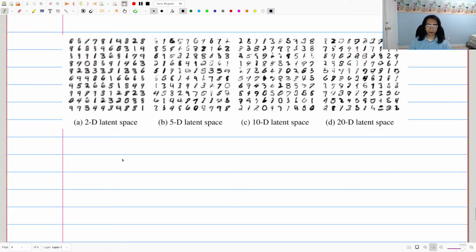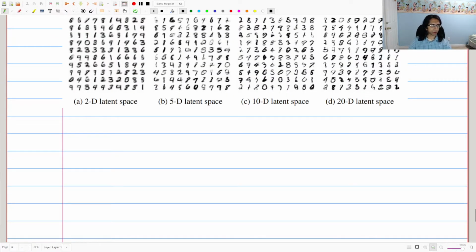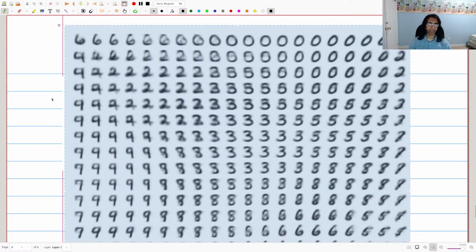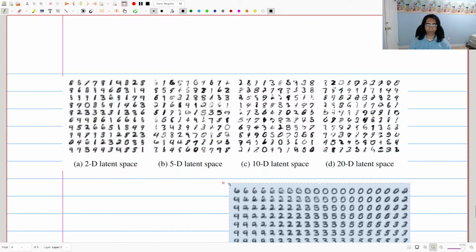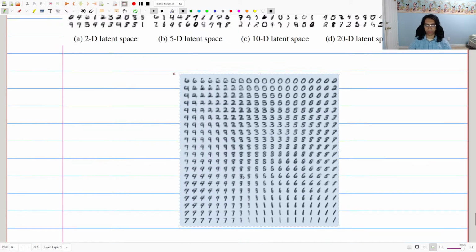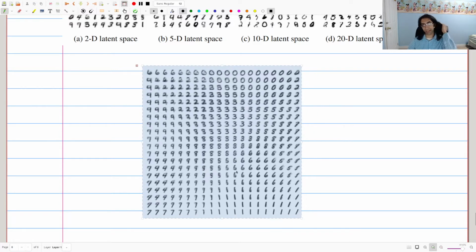One of the beautiful things about these variational autoencoders is that they actually let you see how the distribution can interpolate between one image and another. For example, here is another figure from the same paper, which shows essentially an exploration by gridding over the latent space.